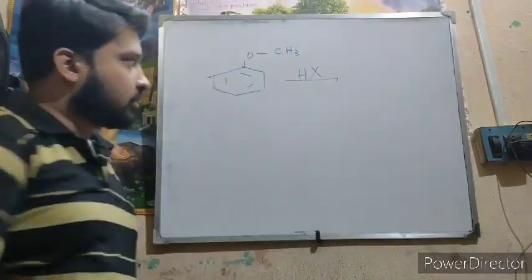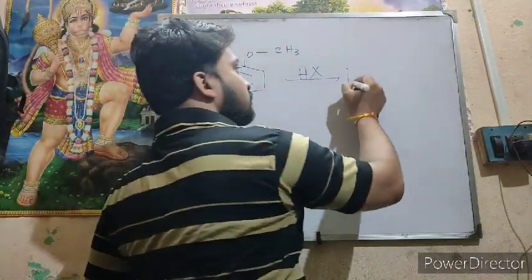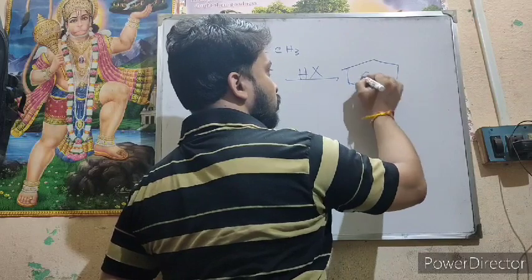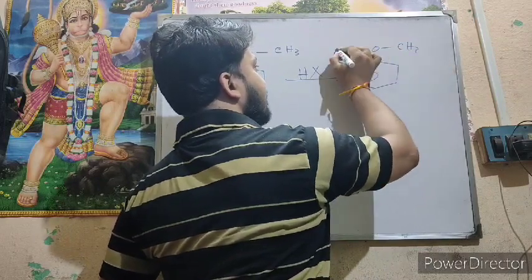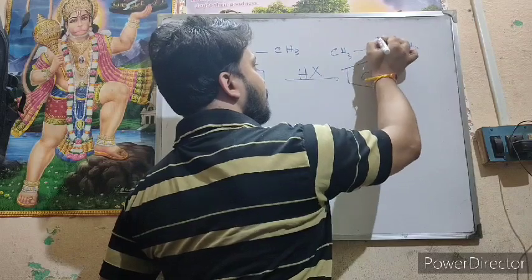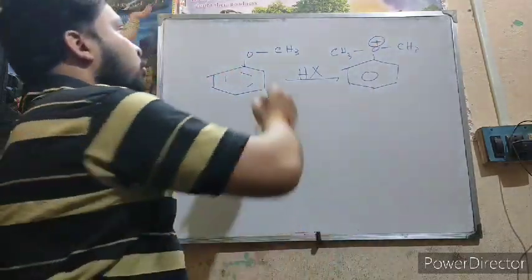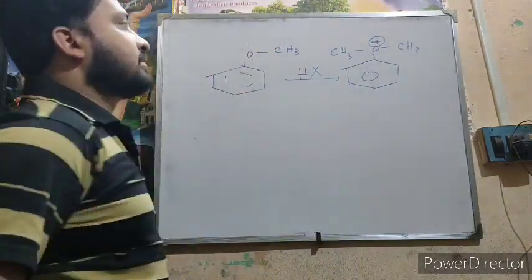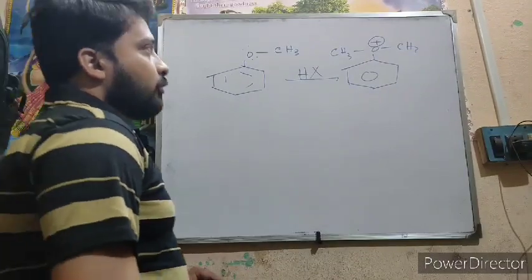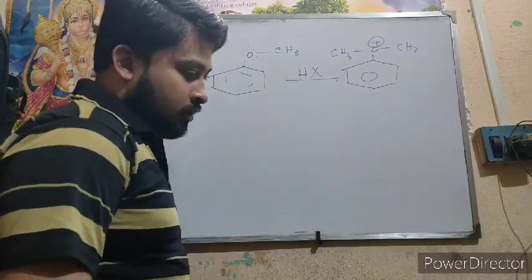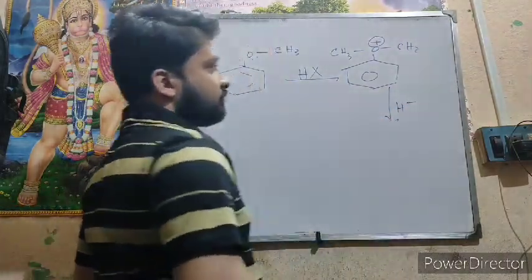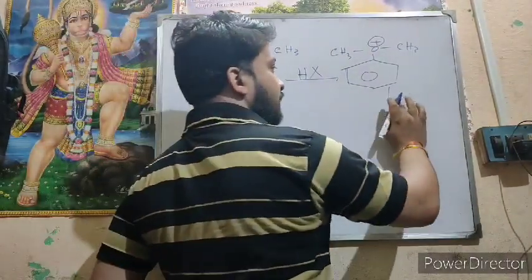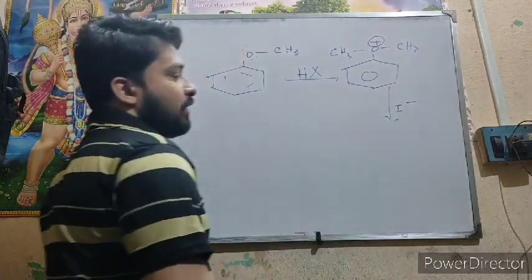So you get OCH3 and CH3, as the lone pair is given, so oxygen shows positive charge. Then you use I minus. What do you get?